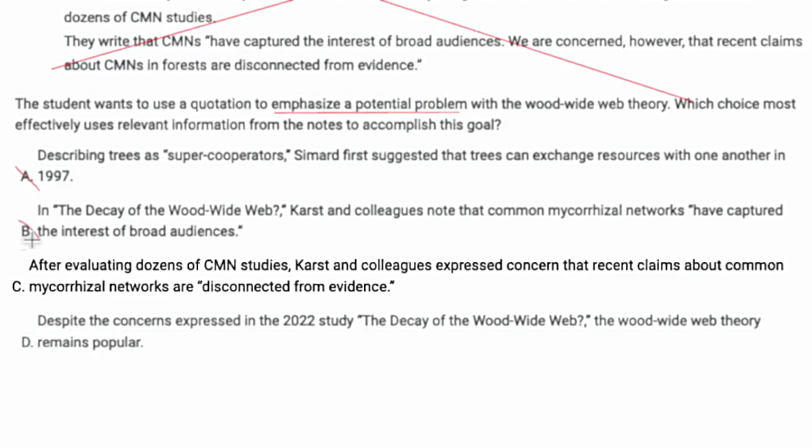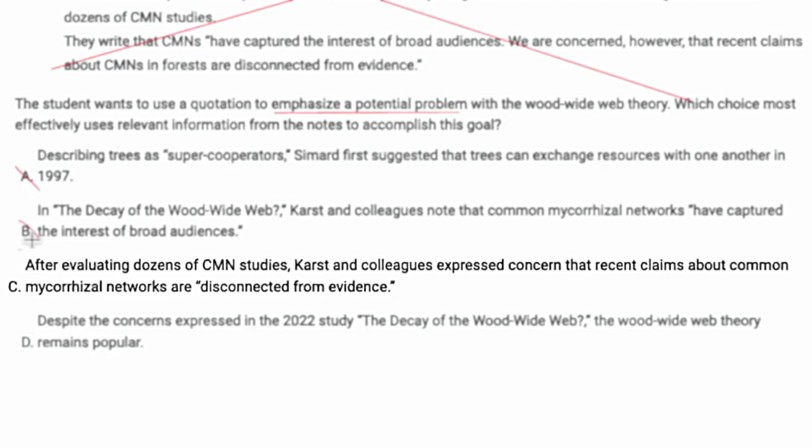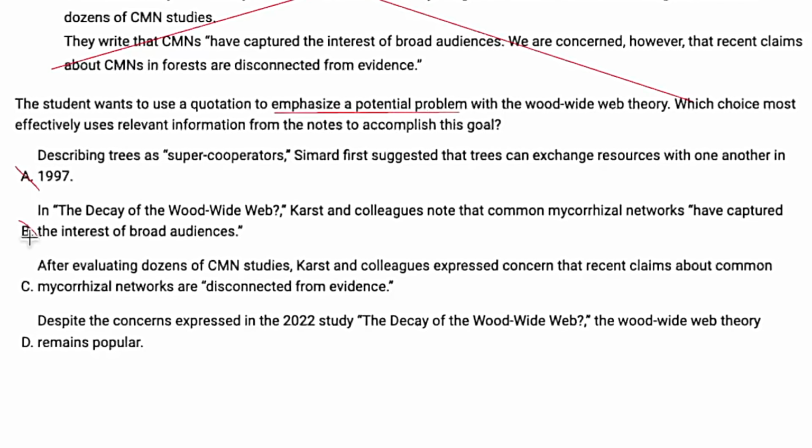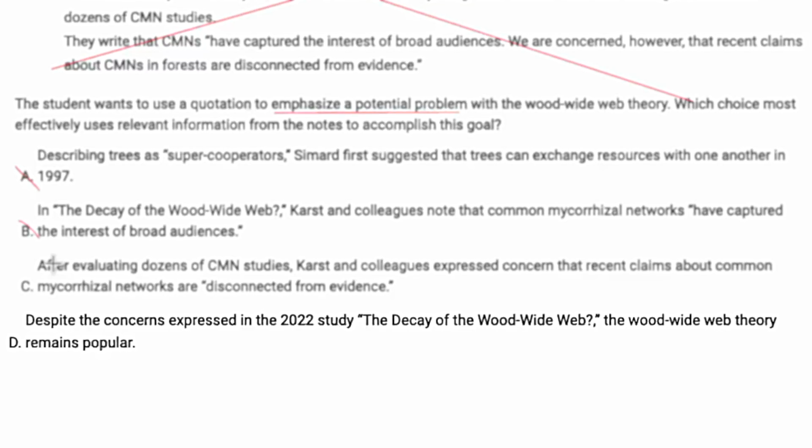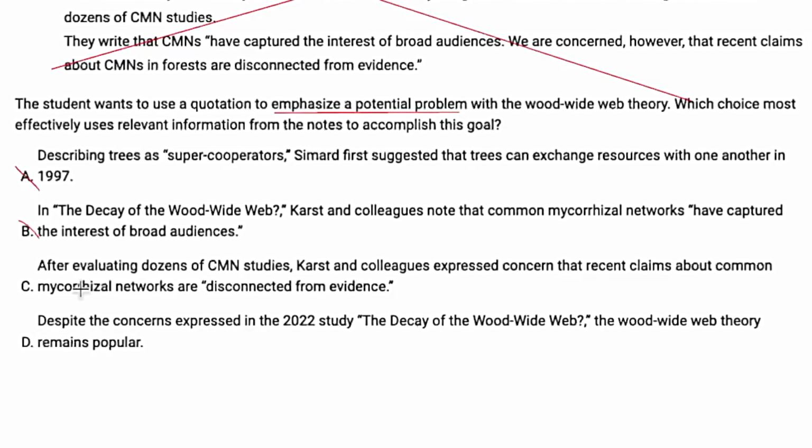After evaluating dozens of CMN studies, Carson and colleagues expressed concern that recent claims about common mycorrhizal networks are disconnected from evidence. That seems to be a problem, so I'm keeping C. D, despite the concerns expressed in the 2022 study, The Decay of the Wood Wide Web, the Wood Wide Web theory remains popular. Okay, so this is a little bit tough because they both mention concern, right?